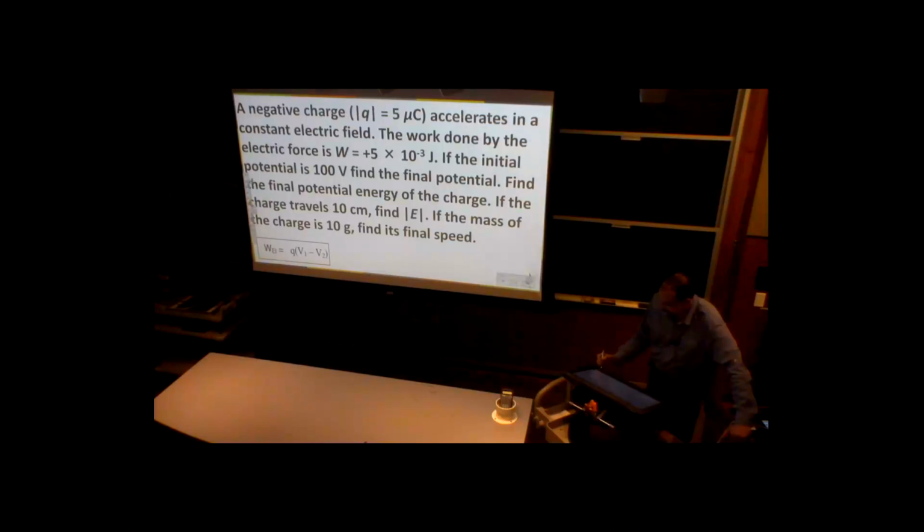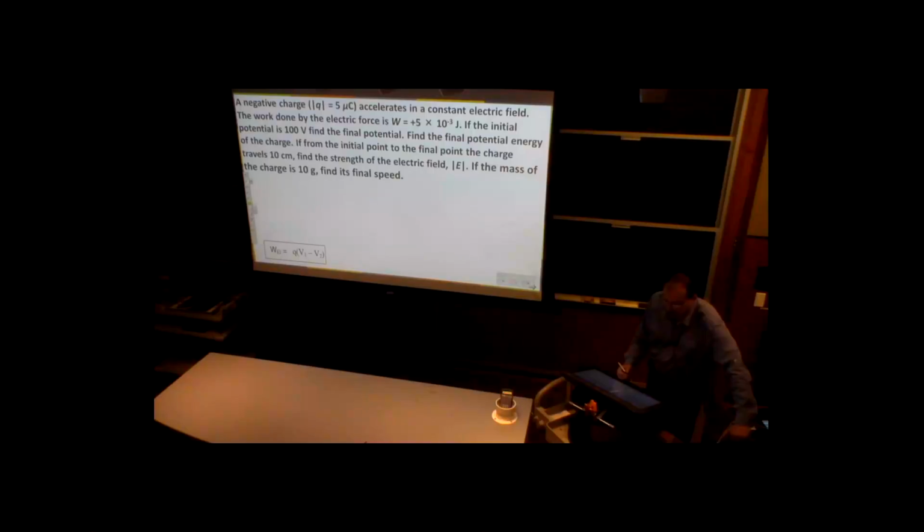And it is kind of a good habit to be able to simultaneously read a text and transfer every important piece of information into some symbol, some notation, like a negative charge. Accelerates in a constant electric field.